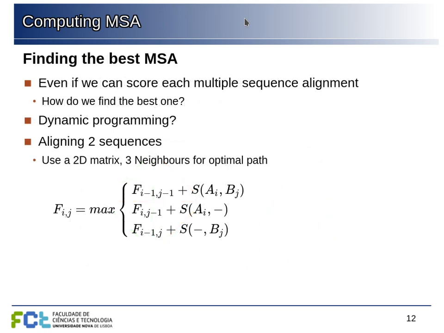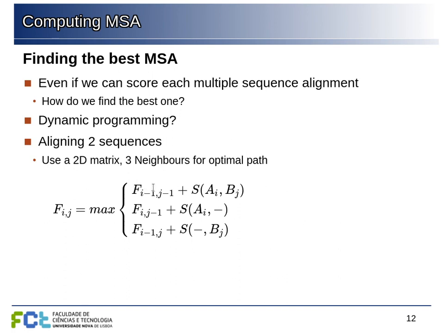And now, even if we find a way to score the alignment, we now need to search all the possible alignments. So we could try to do this with dynamic programming, as we did for aligning two sequences, where when we have two sequences, we have to fill a two-dimensional matrix, which has as many rows as one of the sequences and as many columns as the other.